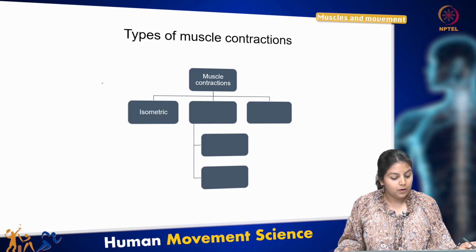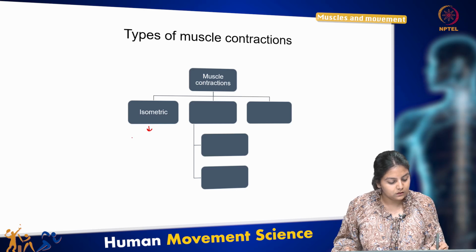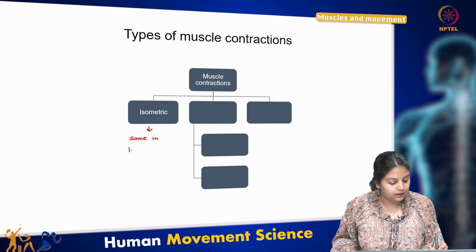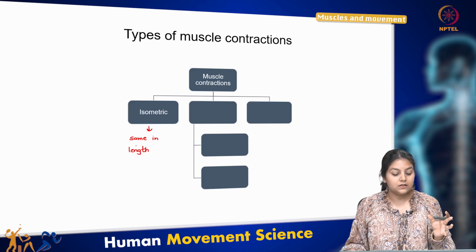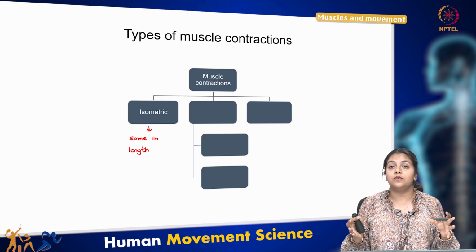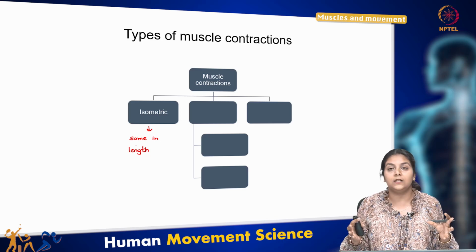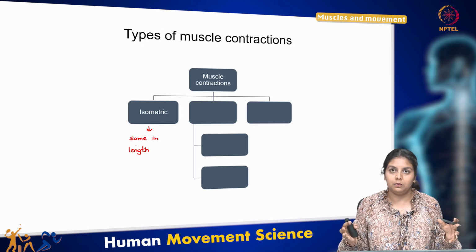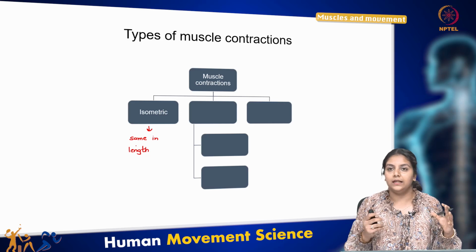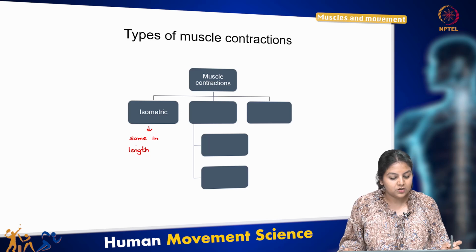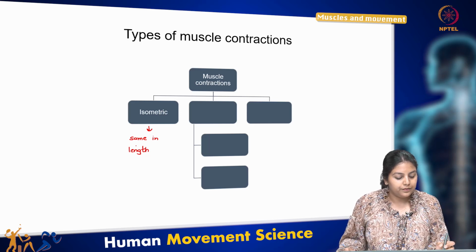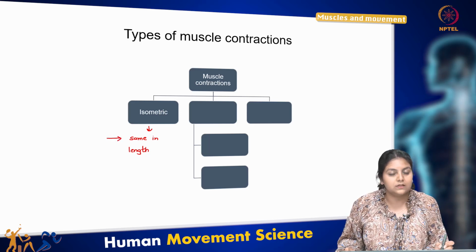So, isometric is same in length. So, let us try and understand here that although it is same in length, relatively you cannot have the muscle constantly maintaining length, but it hardly changes or has a very low change in length, right. So, isometric contraction is when the muscle maintains its length.